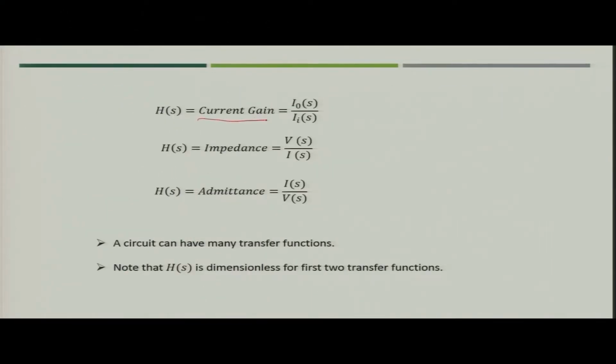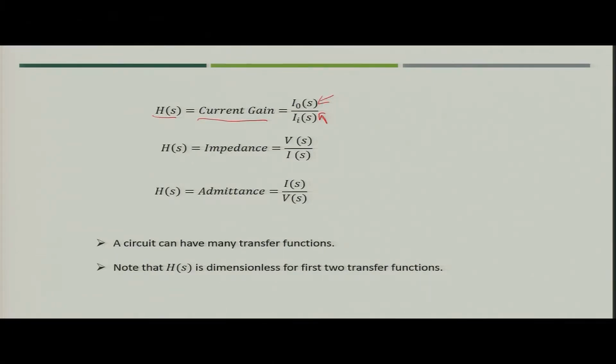Next is current gain, which correlates the output current with the input current. So I naught(s) is the output current of the circuit divided by I(s), the input current for the circuit.